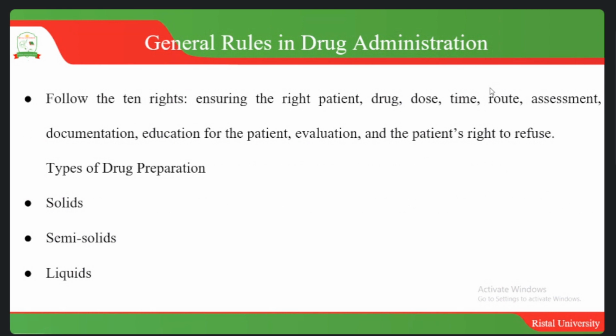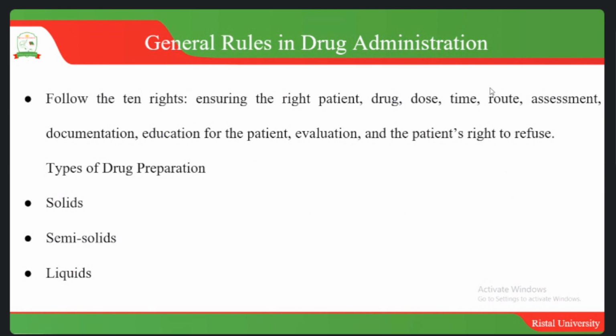Then you also need to get the right drug and the right dose to the right patient, and it should be given at the right time. That's why you're supposed to document the time when we are giving these medications, the dose, the drug, and the name of the patient, which should be reflected in the patient's drug order chart.